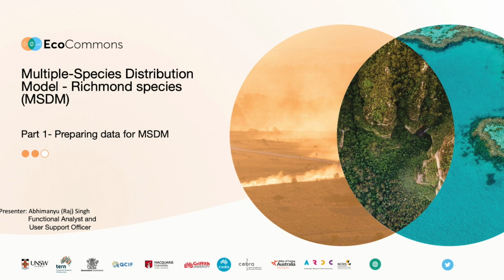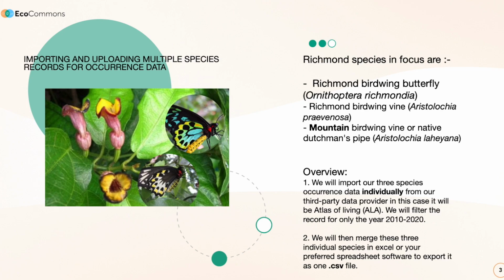Let's start with selecting a species of concern. For this demonstration, I'm taking Richmond species, which are the Richmond birdwing butterfly (Ornithoptera richmondia), the Richmond birdwing vine (Pararistolochia praevenosa), and the mountain birdwing vine or native Dutchman's pipe (Aristolochia laheyana).